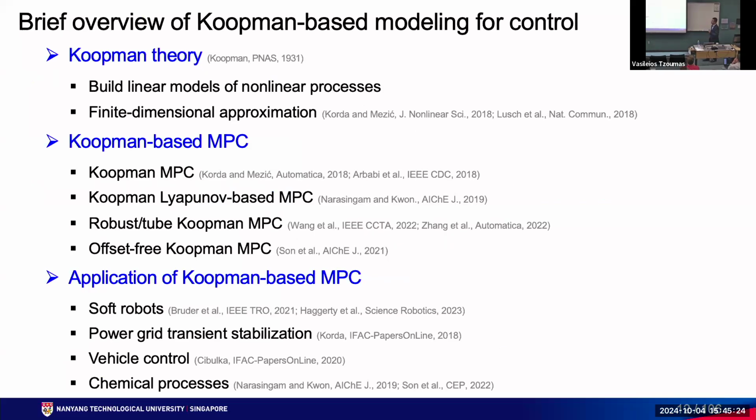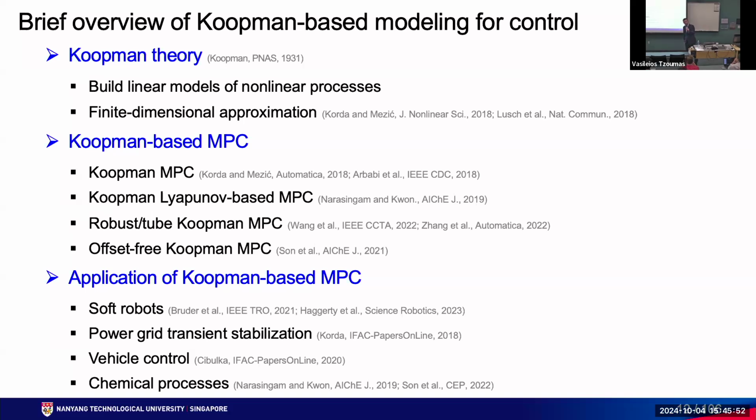Okay, Koopman theory is not new. It was proposed over 90 years ago. At the very beginning, it established the foundation for finding an exact linear representation globally for almost any nonlinear system. Later on, people leveraged this framework and concept to build finite-dimensional approximated Koopman models for nonlinear systems, and we will elaborate on this point.